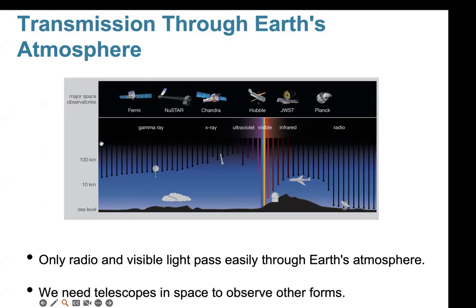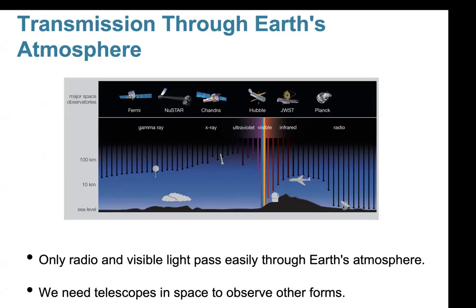In each of the cases of the types of light, there are these drop down arrows which show how far these different forms of electromagnetic radiation penetrate Earth's atmosphere. Since Earth's atmosphere is a gas, different types of light are going to make it through that big ocean of gas differently.